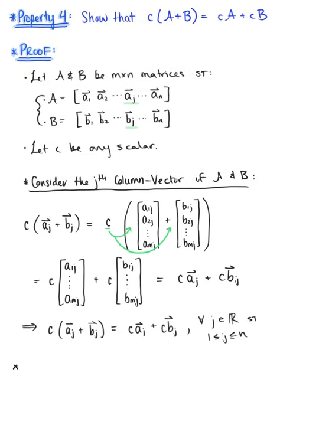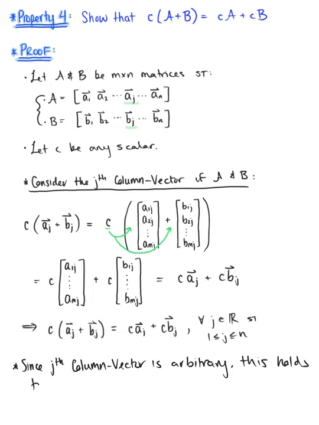Now, since j is arbitrary, or since the jth column vector is arbitrary, this holds true for all column vectors. Woohoo! That's exactly what we needed. So this holds true for all columns of matrix A and matrix B.